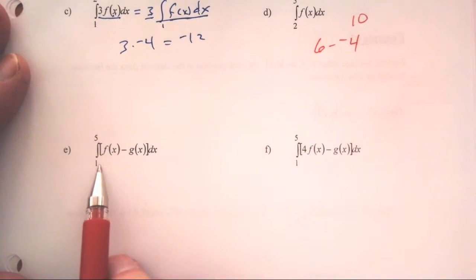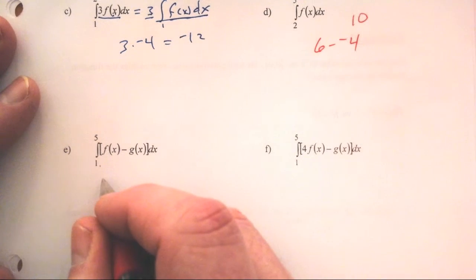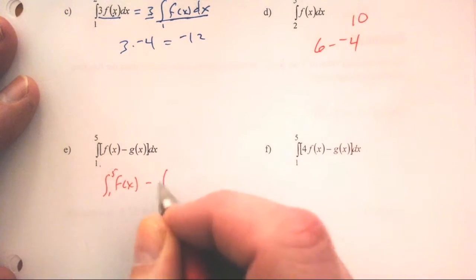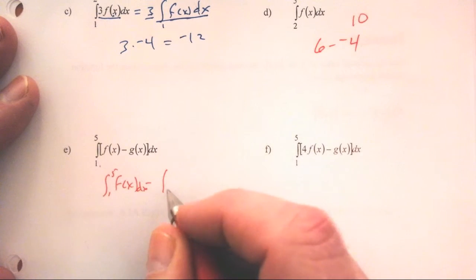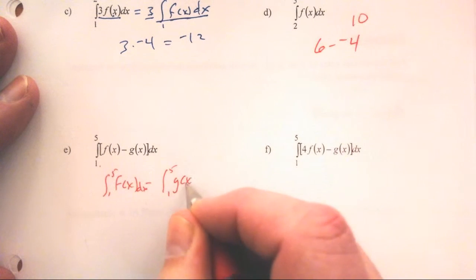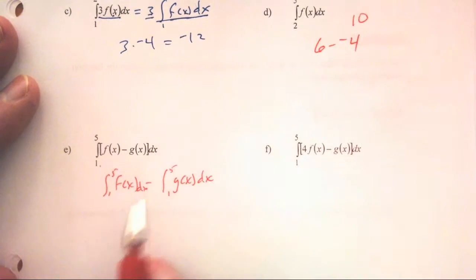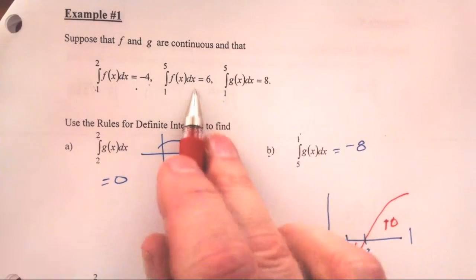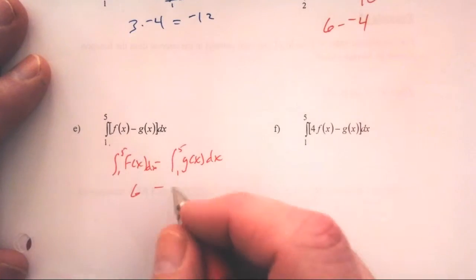Okay, this would be the same as the integral from 1 to 5 of f of x dx minus the integral from 1 to 5 of g of x dx. Well, f is 6 and g is 8.